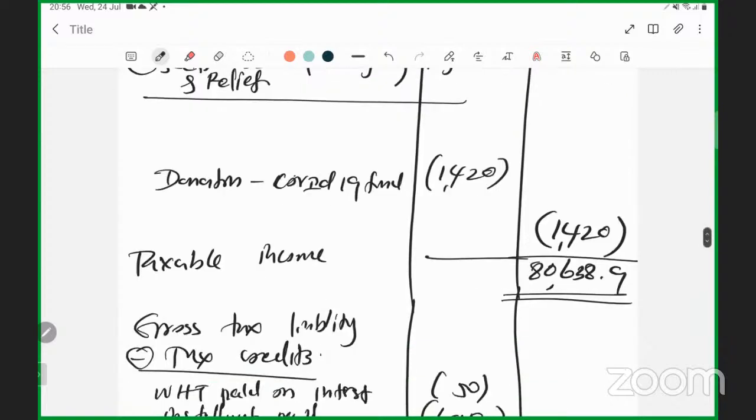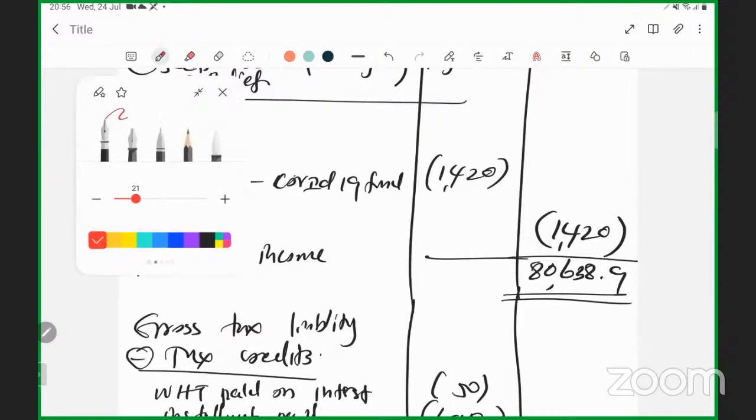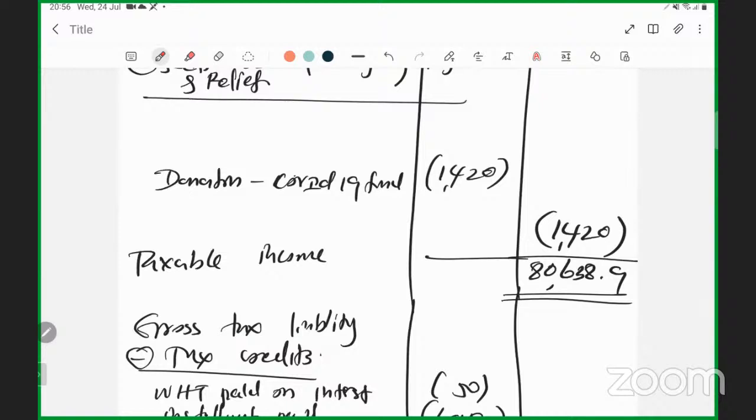Now in this case, you can calculate the gross tax liability. When you calculate the gross tax liability, my dear student, you have to check whether there is any gain from capital gain, that means the realization of the investment property. If there is no such income, then you have to look at whether the taxable income includes any gain from liquor, tobacco, betting and gambling.